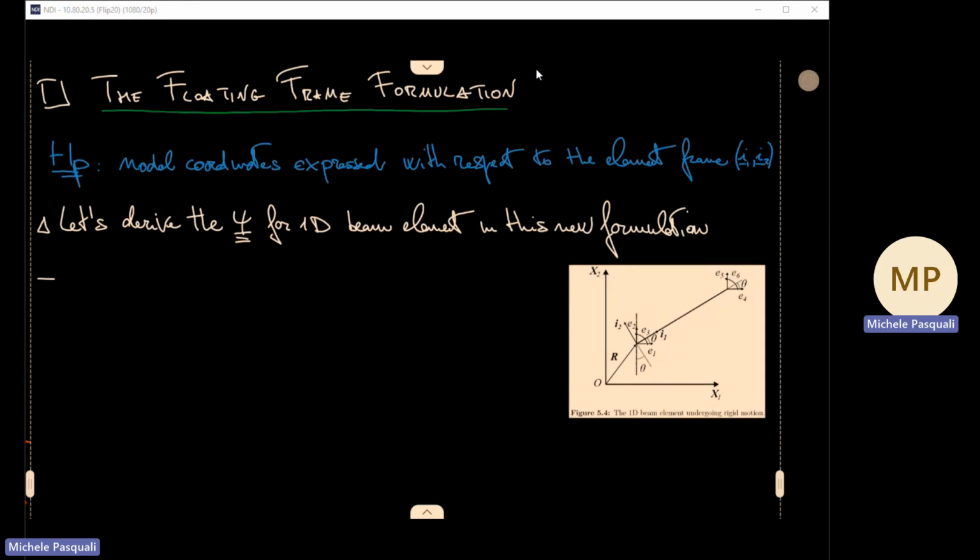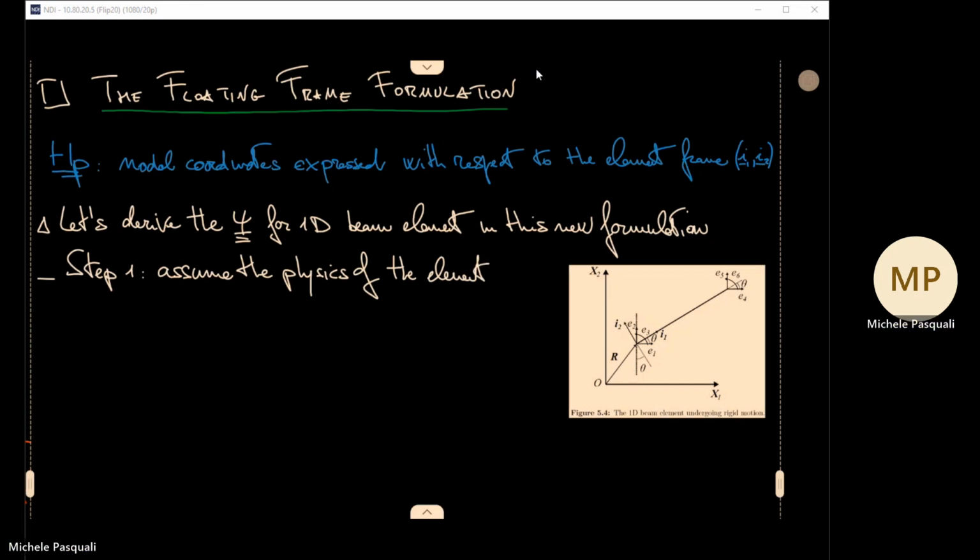Typically the first step that we do is to assume the physics of the element, and we always assume, as we have done so far, you see now, I'm not writing P1 as we did, but X1 over bar equal to A0 plus A1 X10.